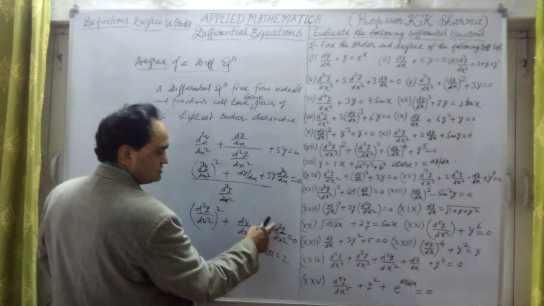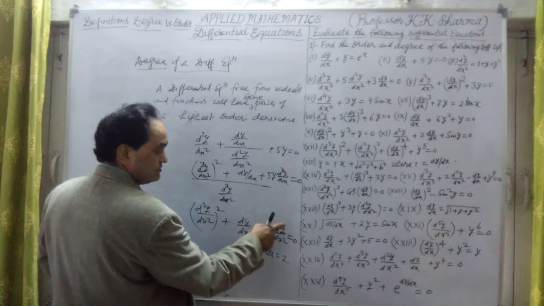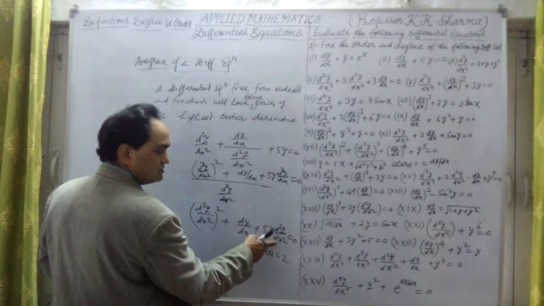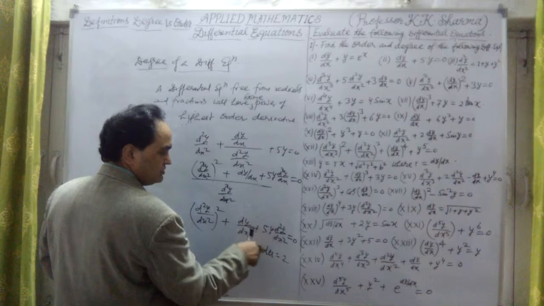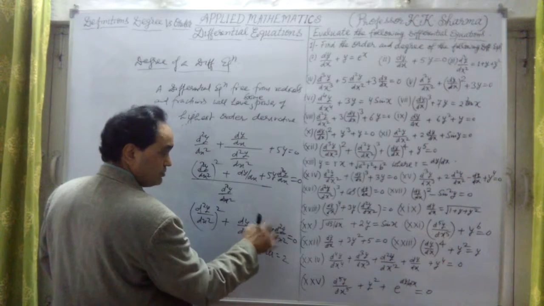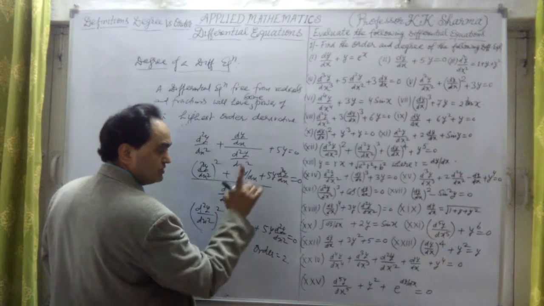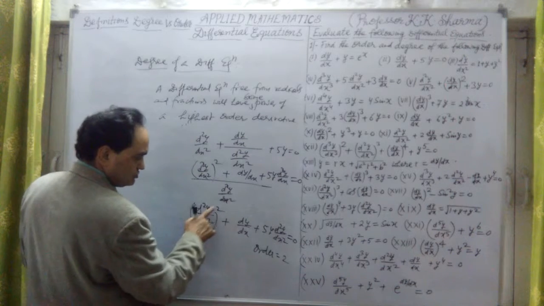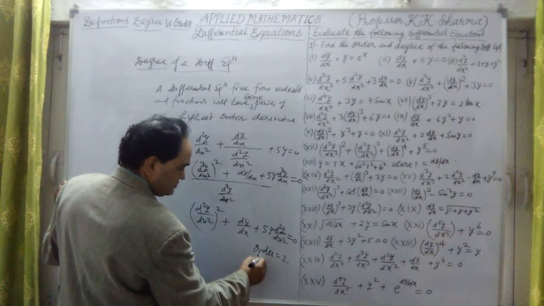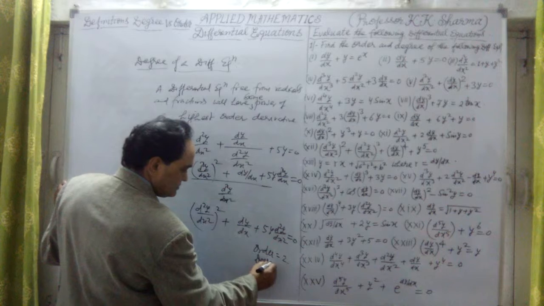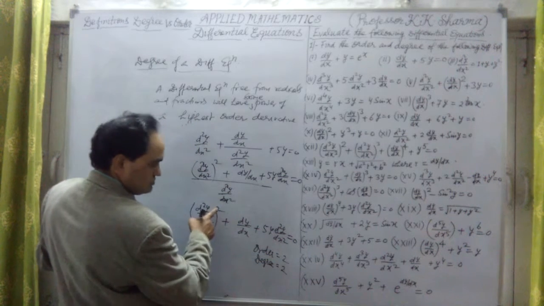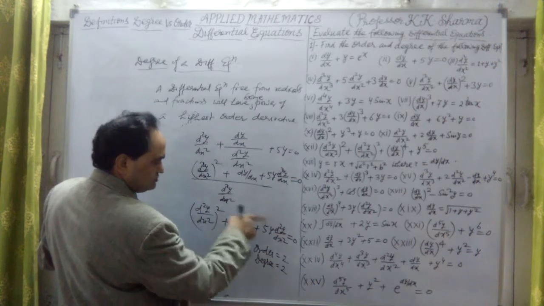The order is 2 here, d square y by dx square, but it is repeated only one time in one term and 2 times in another. So the degree is 2 here. So the degree of this equation is equal to 2. The order is 2, the degree is 2.